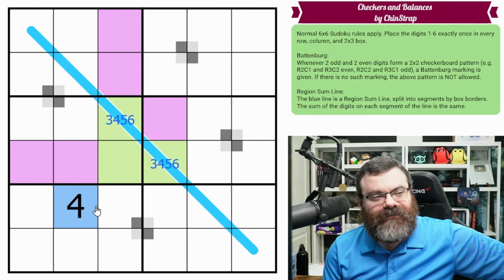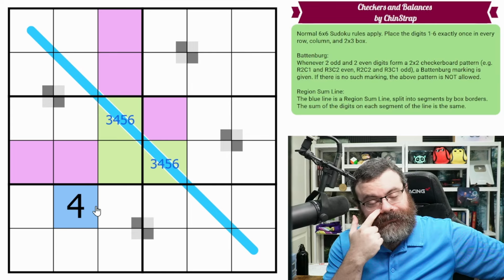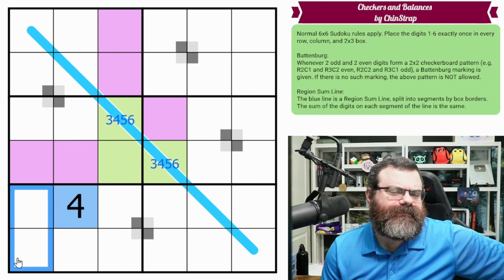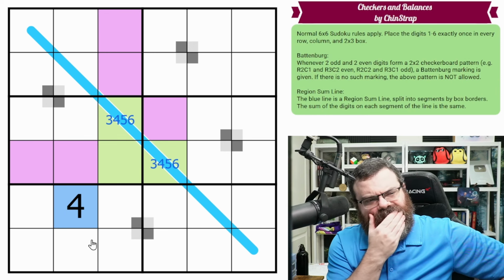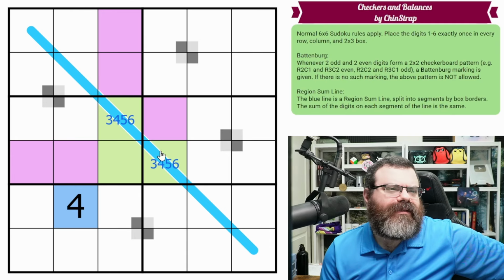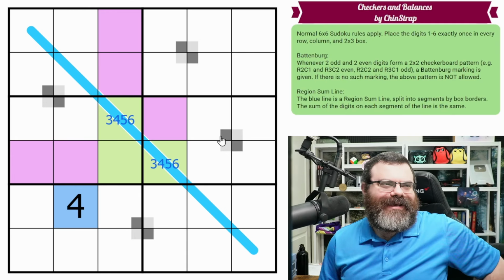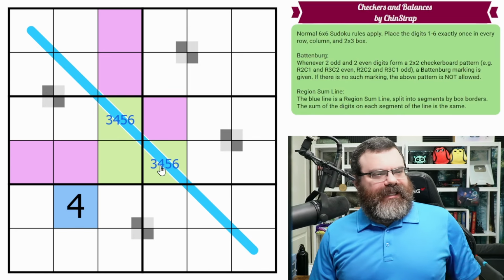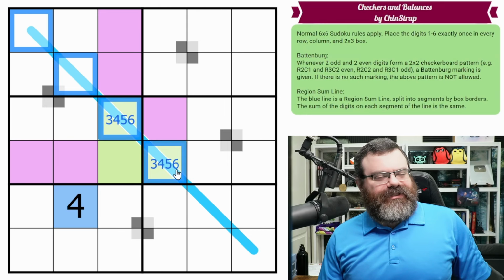What can we say about this 4? Not much, as far as I can tell. Clearly there's not much to look at here. How does 4 resolve it? Oh, I guess the region sum also helps.